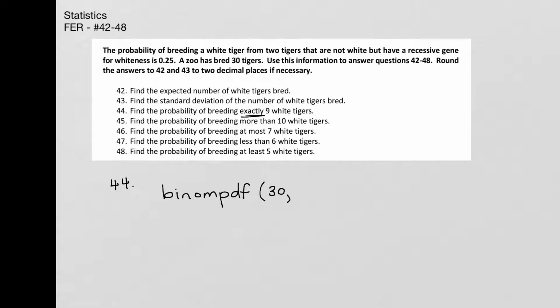And so I put in the number of tigers in the sample first of all, and the probability, and then we want exactly 9, so 9. And when I calculate this, I get 0.1298. And that's my answer for 44.